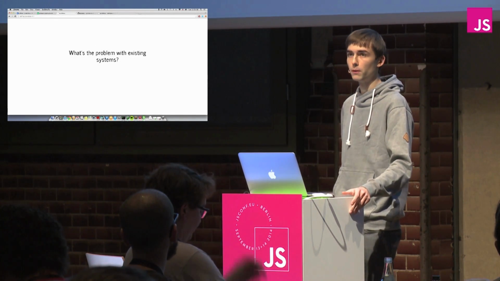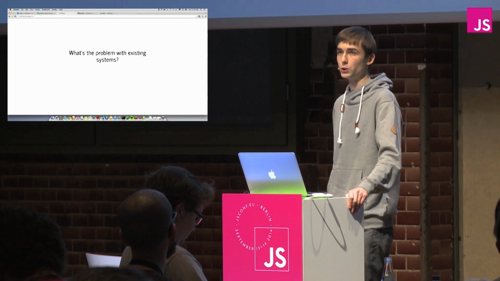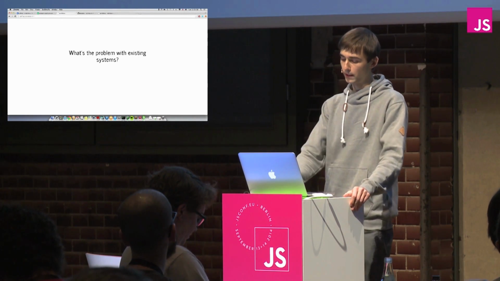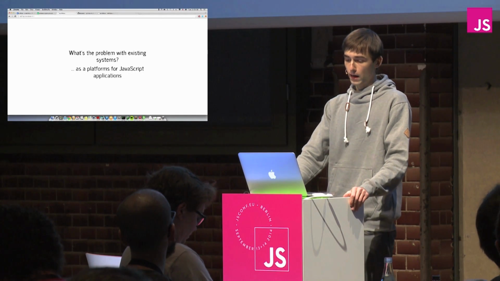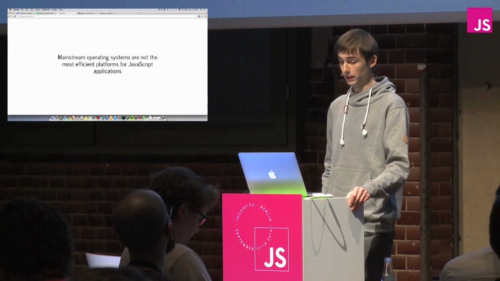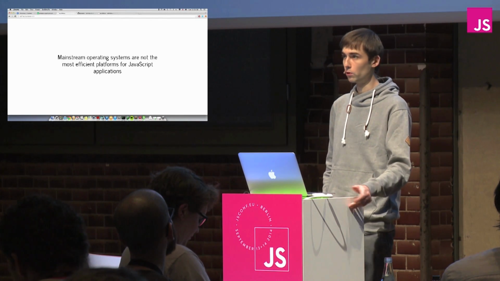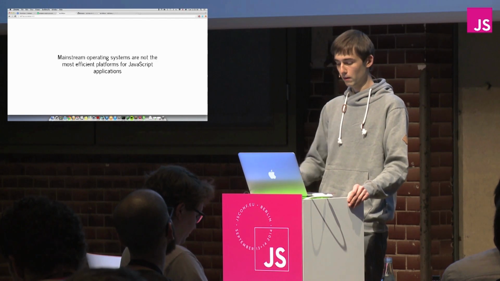So what's the problem with existing systems when we use them to run JavaScript applications? I think that mainstream operating systems are not the most efficient platforms for JavaScript applications.